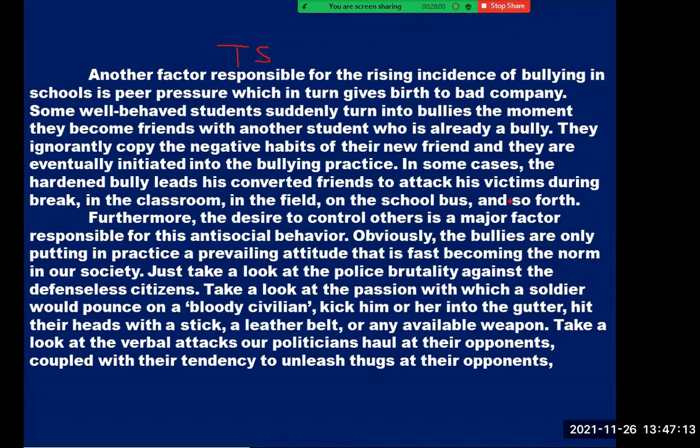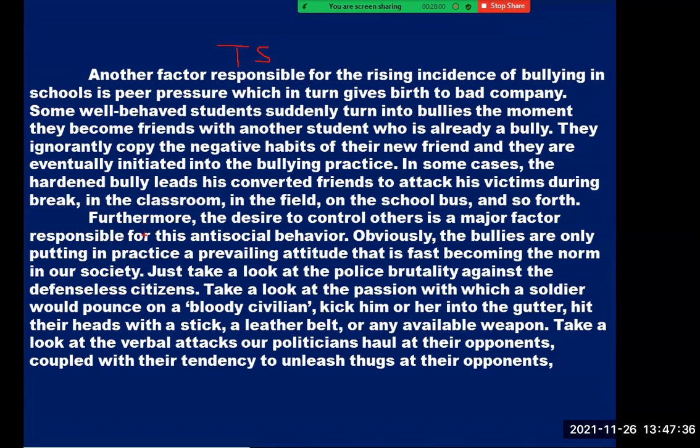It often happens in schools. All right, so here you are painting a clear picture of how these things happen. And you are saying that the factor responsible is this, so that when we are looking for the solution, then we will actually know what we are talking about.